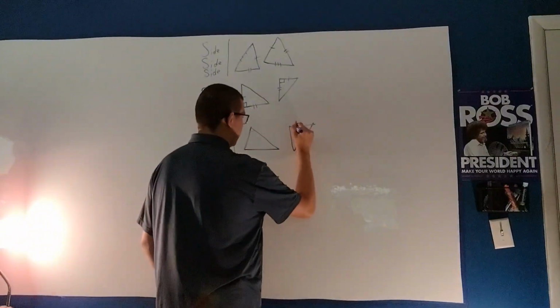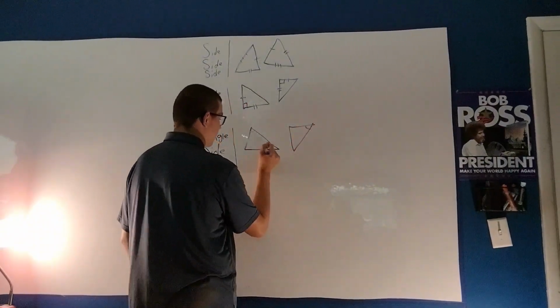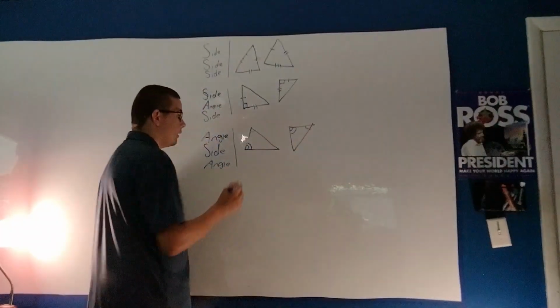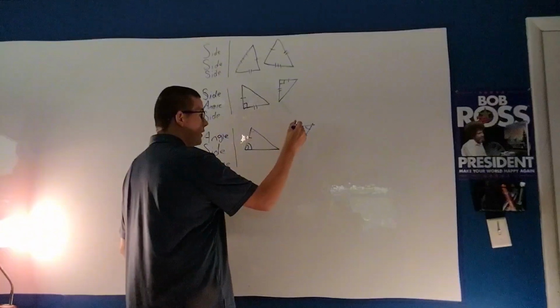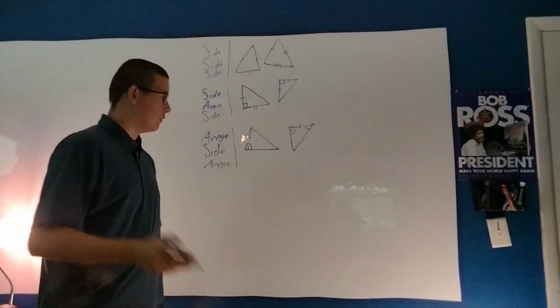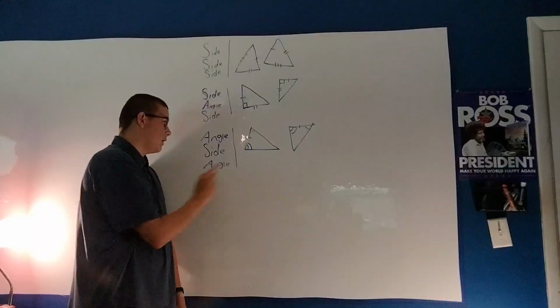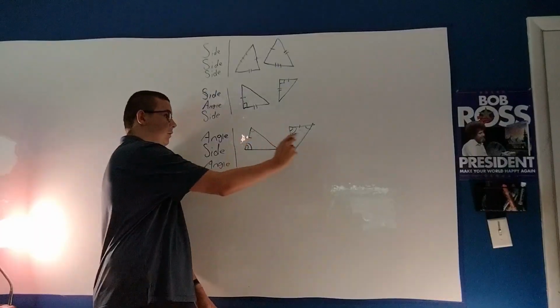So we'll say that these angles are congruent, and we know that these angles here are congruent. Then we would have to know that the side between them is also congruent. So again, the side is between the angles here.